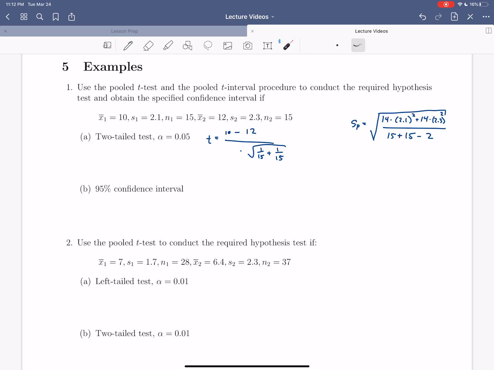It's really the sum of those two values that we get, so that's 28. Okay, so in the denominator. And it turns out when we plug all this in, our pooled standard deviation is going to be 2.2023, at least to 4 decimal places.